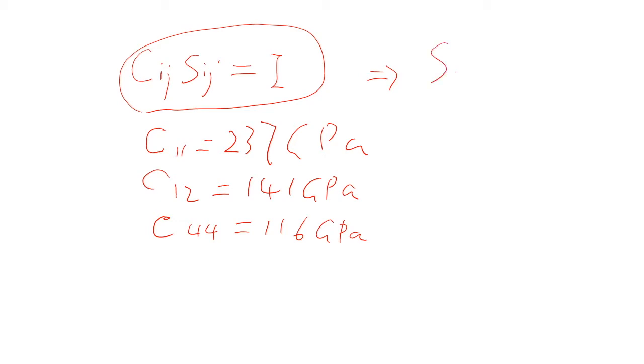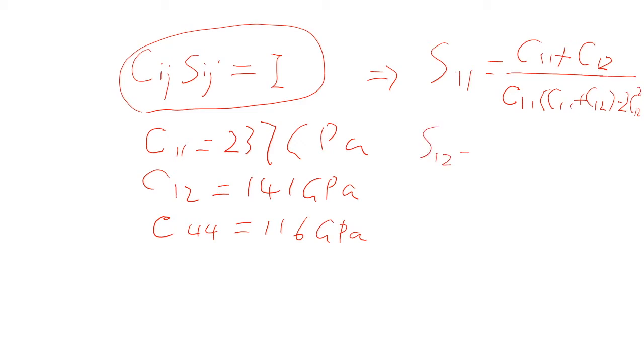So we can get S11 equals C11 plus C12 divided by C11 multiplied by C11 plus C12 minus 2 C12 squared, and S12 equals negative C12 divided by C11 plus C12 minus 2 C12 squared, and S44 is very simple, it's just 1 over C44.